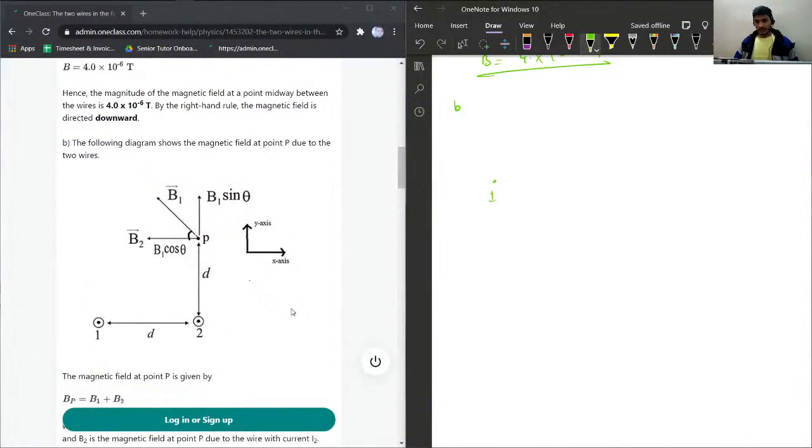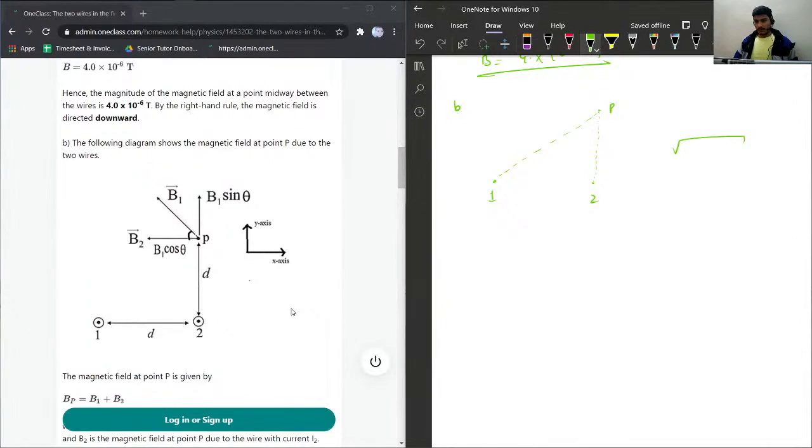This is point number 1, this is point number 2, this will be my D distance, and this will be point P. Now for calculating the magnetic field at point P due to 1, I will use this distance, and for this one I will use this distance. This is a right angle triangle, so I'll use the Pythagoras theorem.